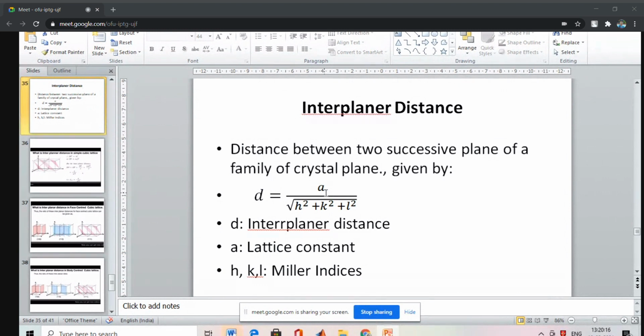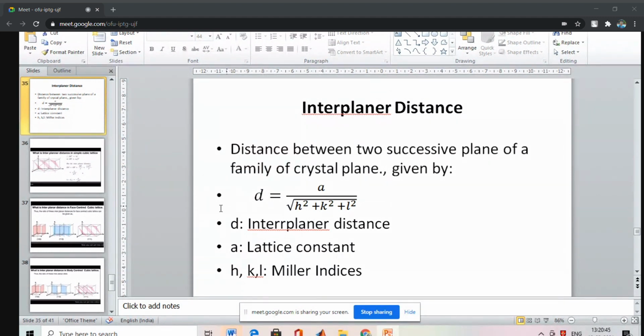Then the next principal plane, that is 1, 1, 0. 1, 1, 0 का क्या होगा? d is equal to A upon root of 1 square plus 1 square plus 0, that is A upon square root of 2. So this is interplanar spacing in SCC: for 1, 0, 0 it is A, for 1, 1, 0 it is A by root 2, and for 1, 1, 1 it will be A by root 3.